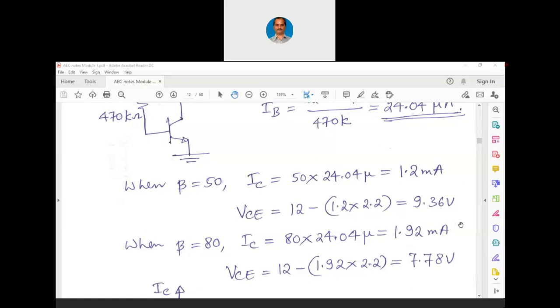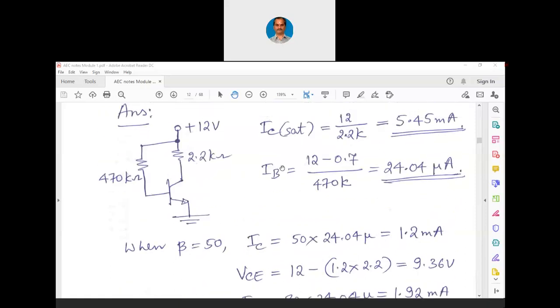That is why this Q point is called the quiescent point, quietly sensitive point. Now ideally we should have a voltage here at 6 volts, and ideally we should have a current which is 5.4 milliampere by 2. Ideally the current during the active region must be IC sat divided by 2. That is what the discussion of load line.